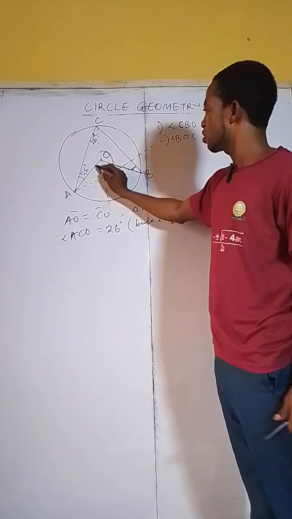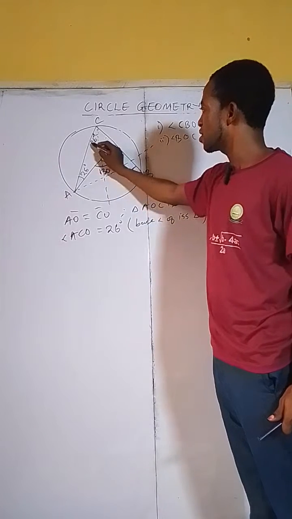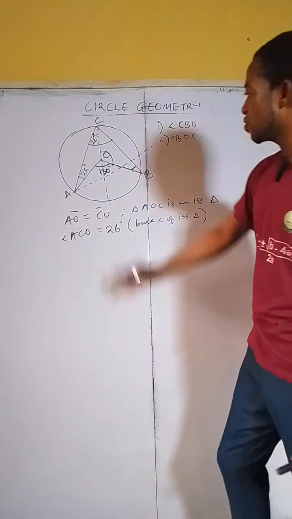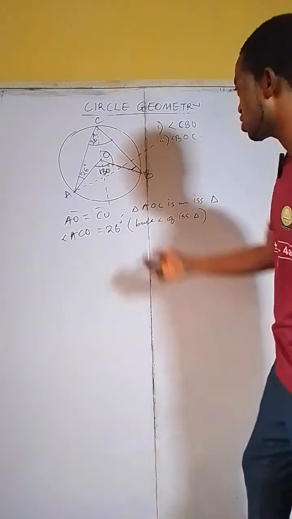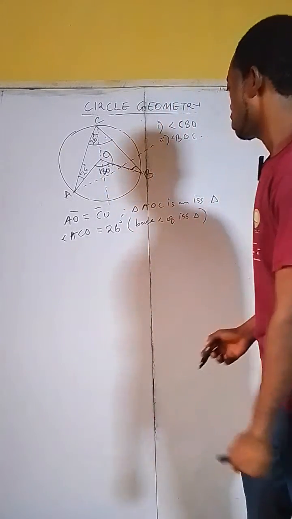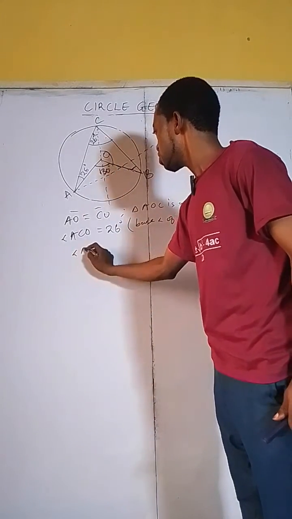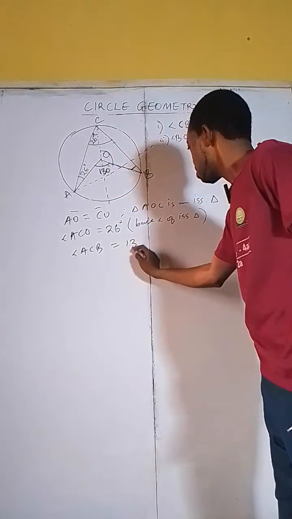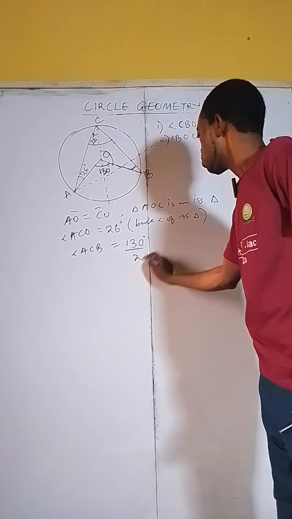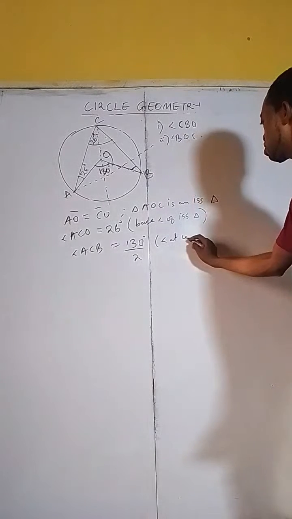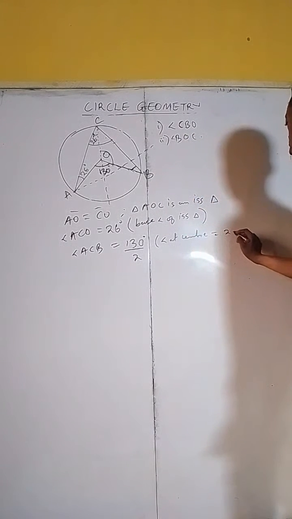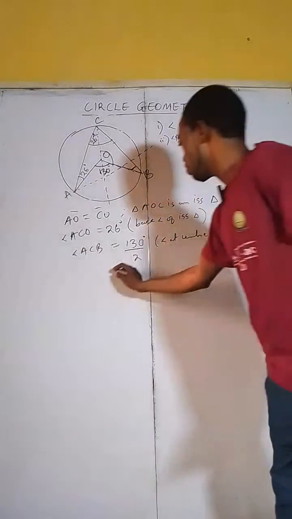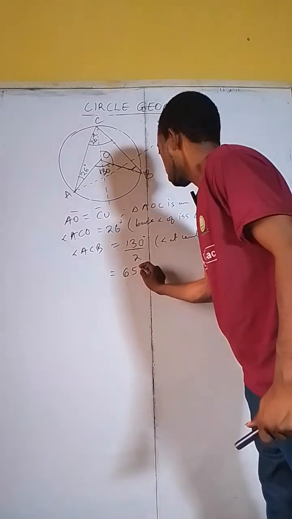And now, when we reference this angle at center, everything here is its angle at the circumference. An angle at center is bigger than angle at circumference, so we need to divide this by 2, which implies angle ACB, the whole of this angle at the circumference, will be equal to 130 degrees divided by 2. Still angle at center equals 2 times angle at circumference, and this gives us 65 degrees.